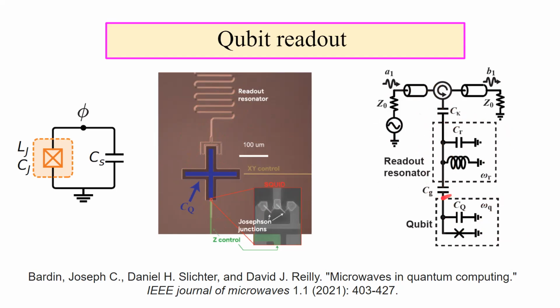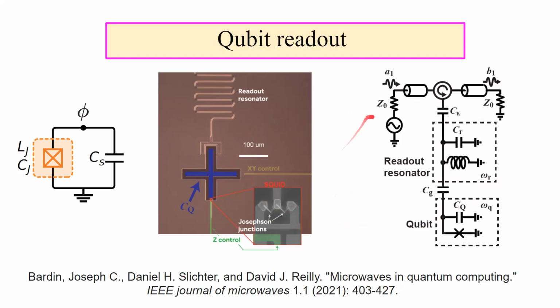Since the resonator is coupled with the qubit, the resonant frequency omega_r of the resonator will be different depending on whether the qubit is in the ground state or the excited state.